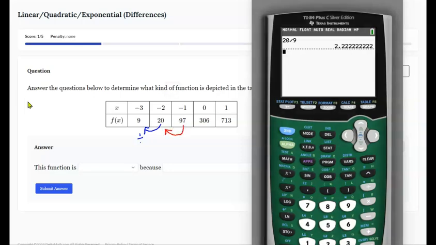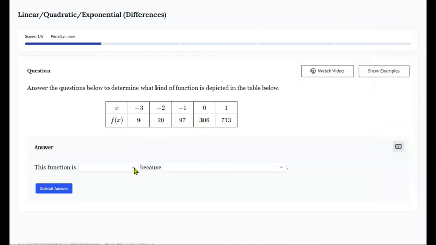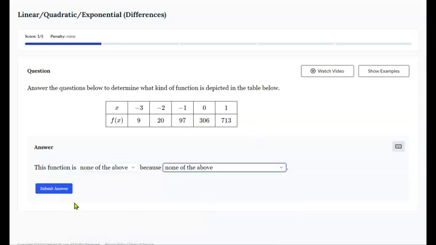So this time I'm going to divide 97 by 20 and see if I get that same value. I don't. So now I know it's not exponential. Since we didn't find any common first difference or second difference, we're going to say it's none of the above because it doesn't have any of those types of patterns.